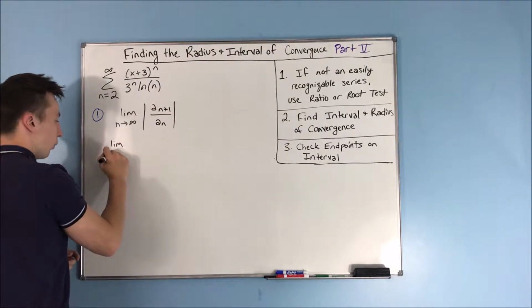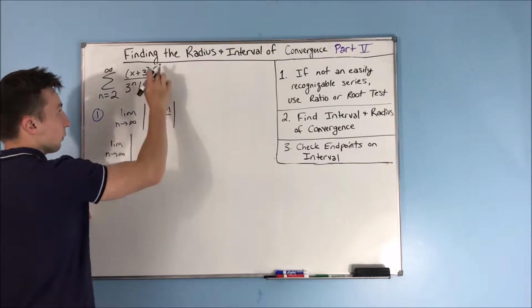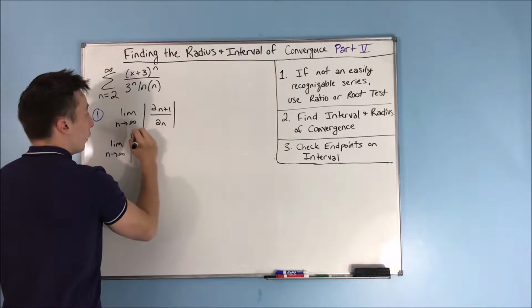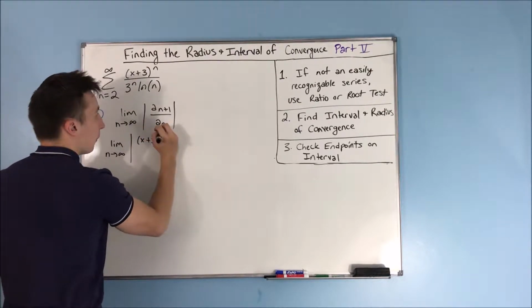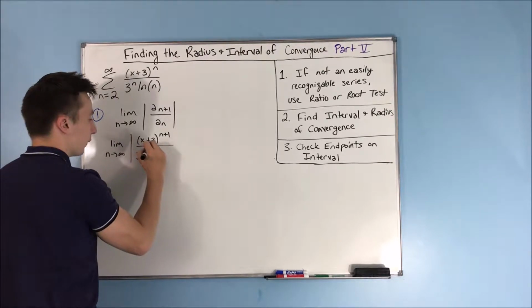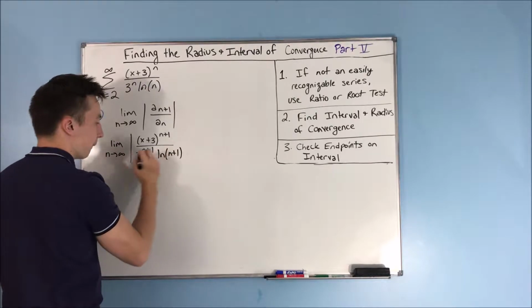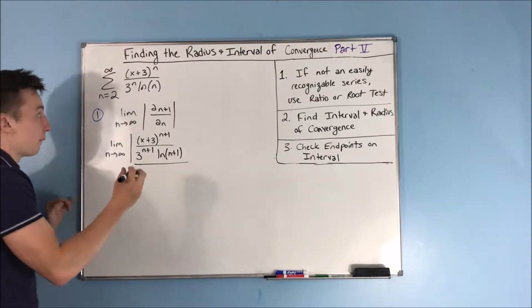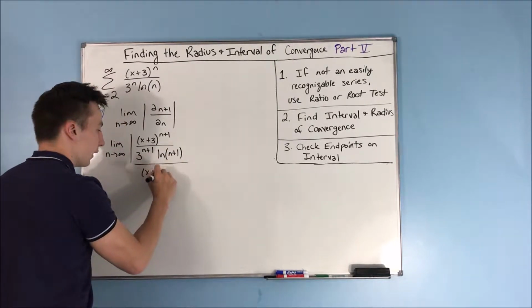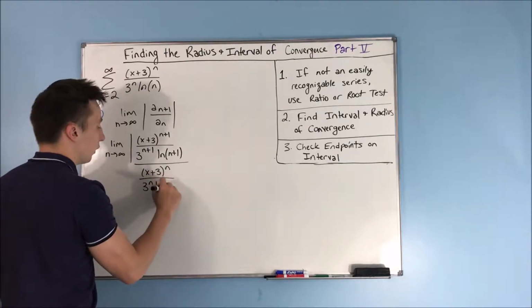Okay, so we do that here. Plugging in an n plus 1 everywhere we see an n, we get (x plus 3) to the n plus 1 over 3 to the n plus 1 times natural log of n plus 1. That's going to be all over (x plus 3) to the n over 3 to the n times natural log of n.